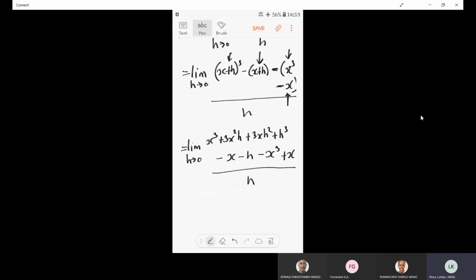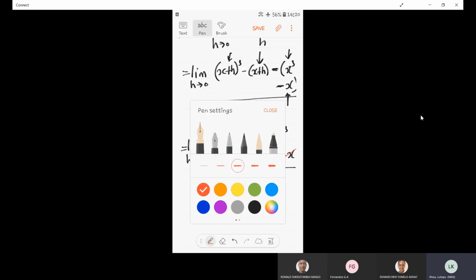Now, if you've done this correctly, you will always notice that the terms that don't have h will cancel. So you'll be able to factorize h out so it cancels with the one in the denominator, especially with polynomials. So you can see this x cubed cancels with that one. Then this minus x cancels with that one. And when I look at all the terms that are left, they all have an h. So I know that I'm on the right track.